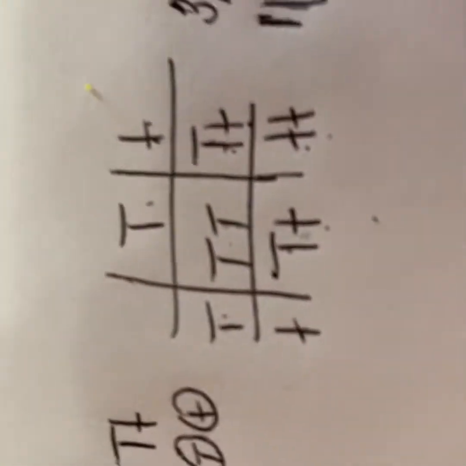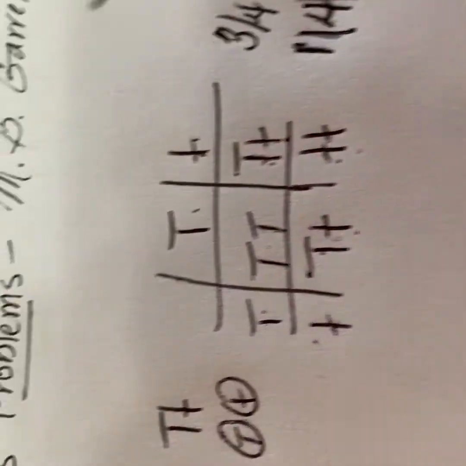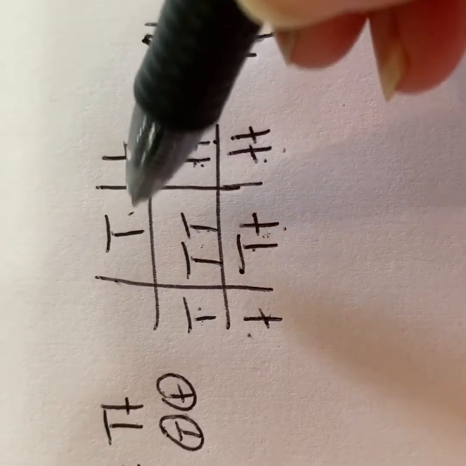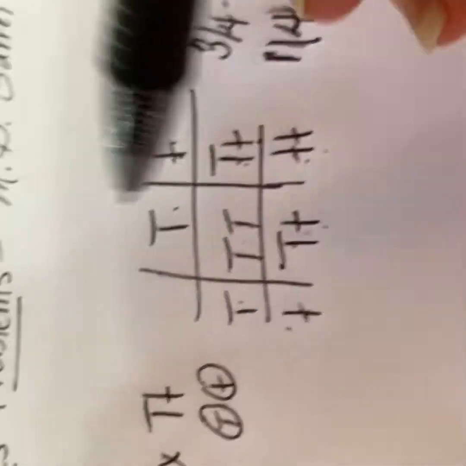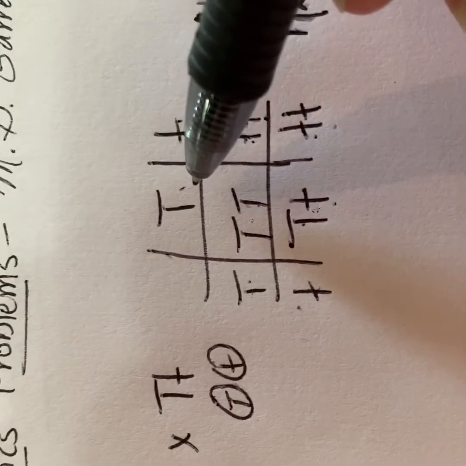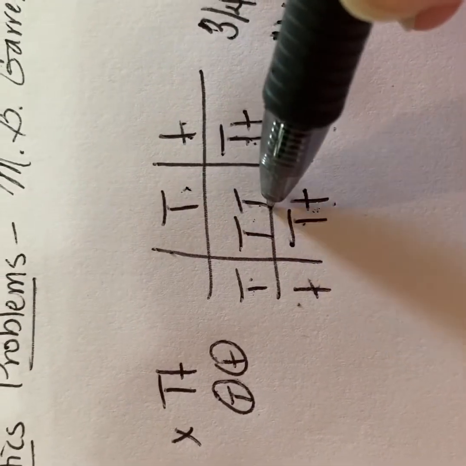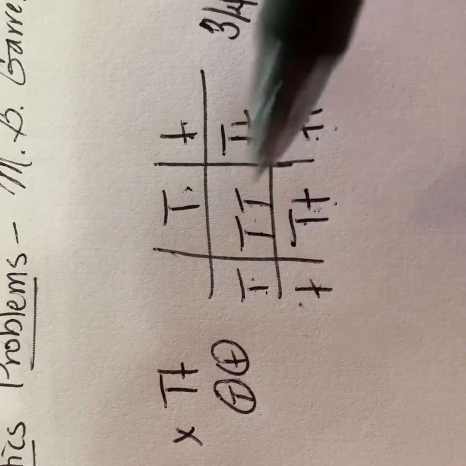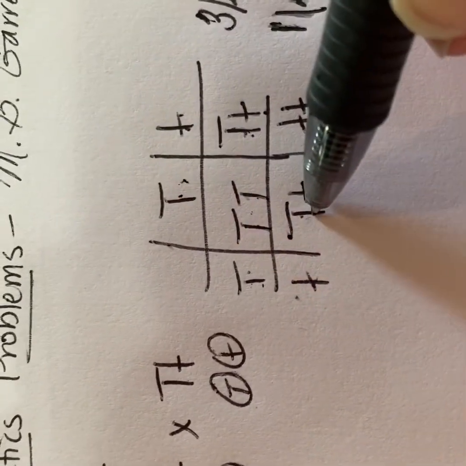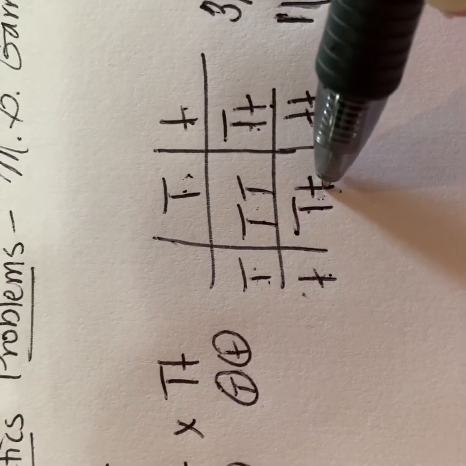And when you plug them into a Punnett square, you put mom here or dad, mom here or dad. Doesn't matter, you can put one on one side, one on the other. You're going to do your cross, big T, big T. Remember to always put the capital letter first, like big T and little t.